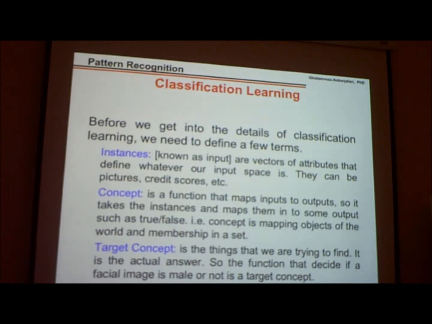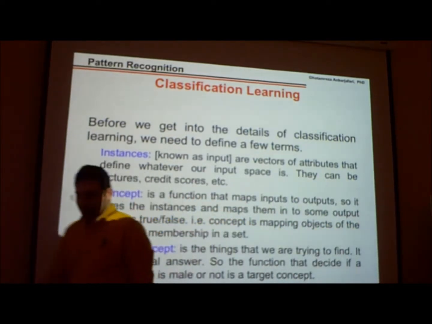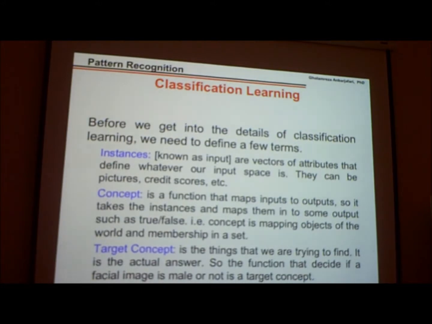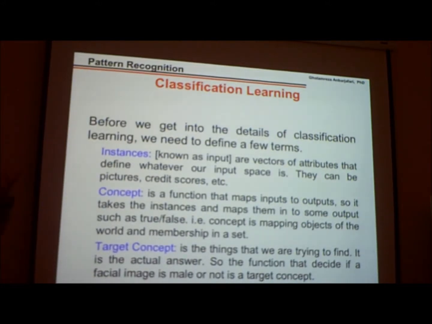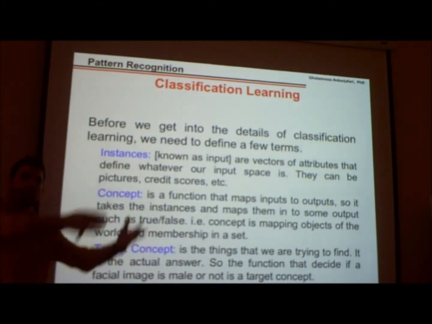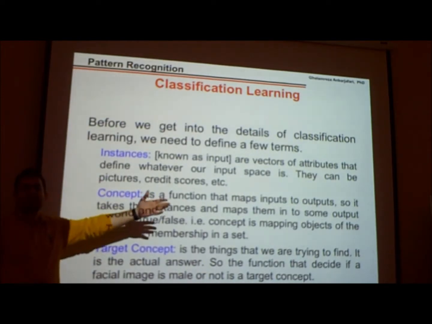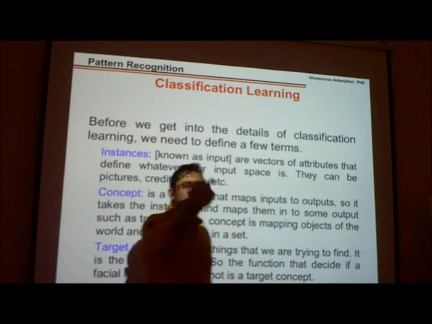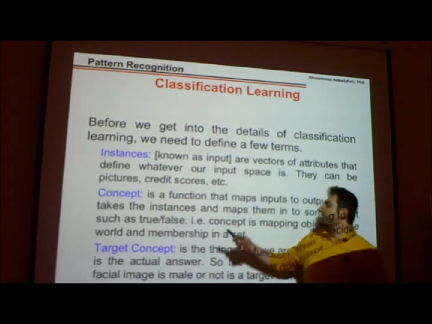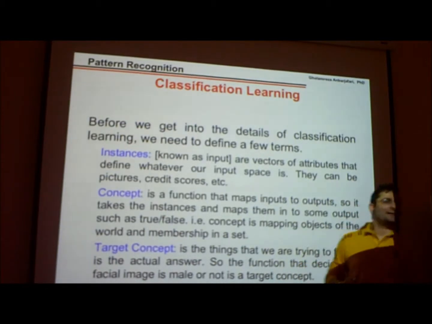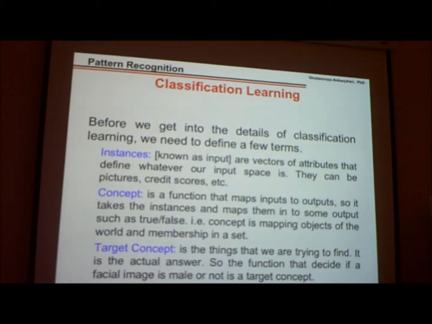Input is the set of features that we feed into our algorithm. They are features, or we call them vectors, that we feed into our algorithm, which has to handle them. They can be pictures, they can be audio voices. In the previous examples, they could be the credit score, whatever we have. So this is called the instance or the inputs.